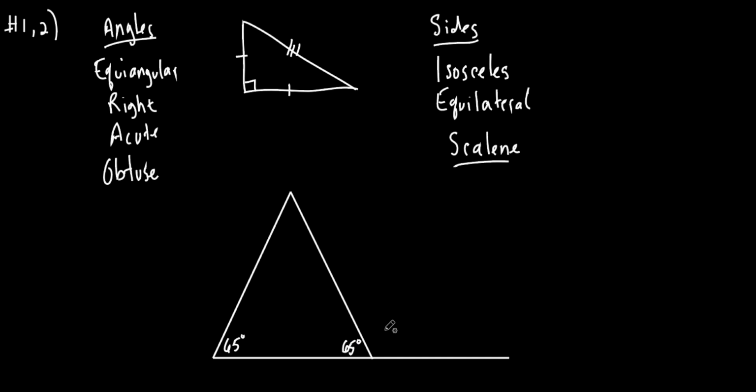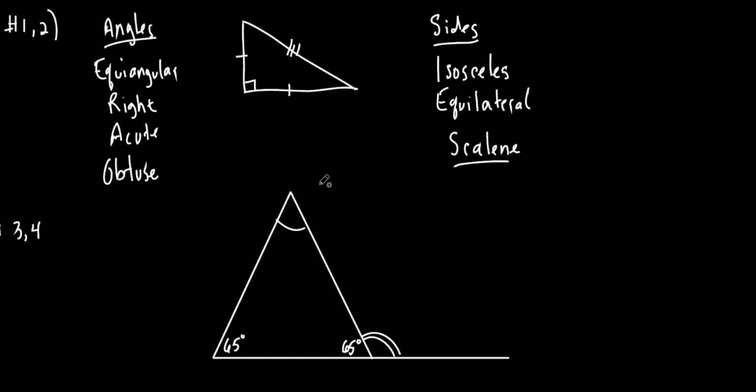But the problem's almost identical, except the numbers are just different. All right? So these 2 are 65. What do they ask you? They ask you to find this angle up here, and they also ask you to find this angle over here. All right? So this will be number 3 and 4 on the test.